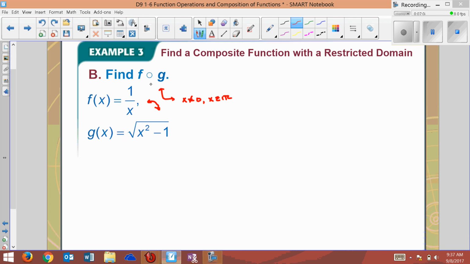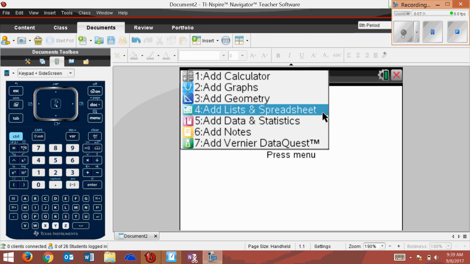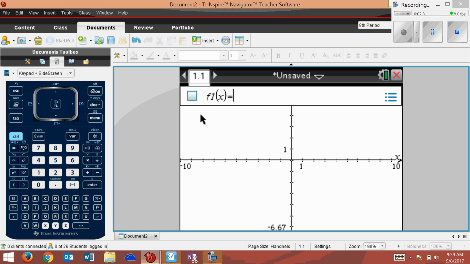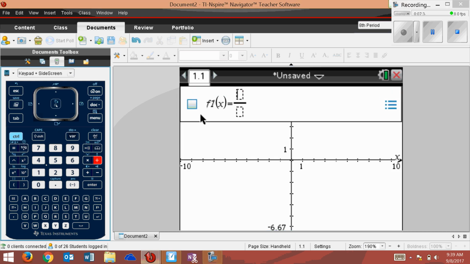So let's do f of g. So we're going to plug our g equation into f. So f of g would equal 1 over the square root of x squared minus 1. So there's our equation. So now let's graph these. So I want to graph these real quick. So remember the first graph was just 1 over x.